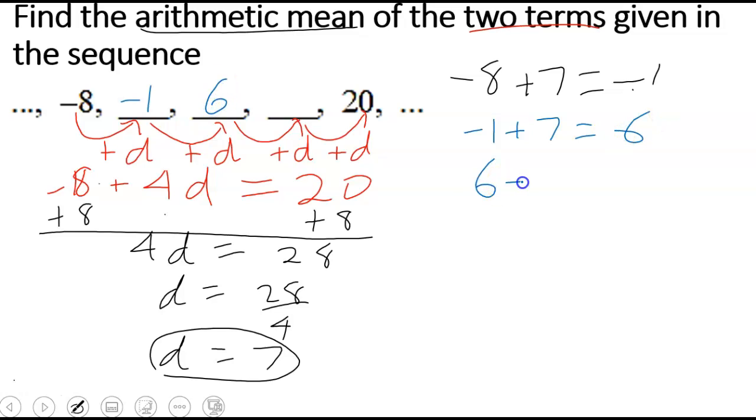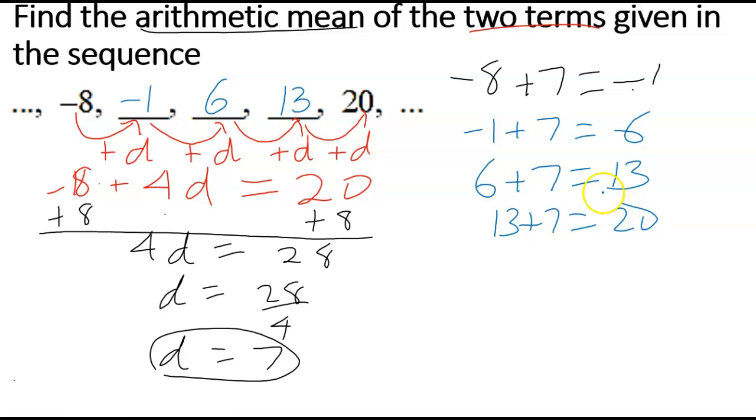And then 6 plus 7, we get 13. We have to check that 13 plus 7 is going to give us 20. So that checks that this is correct. Okay, so those are the arithmetic means, the missing numbers between the terms. If we are asked to find the next term or the first term, we can also do that.